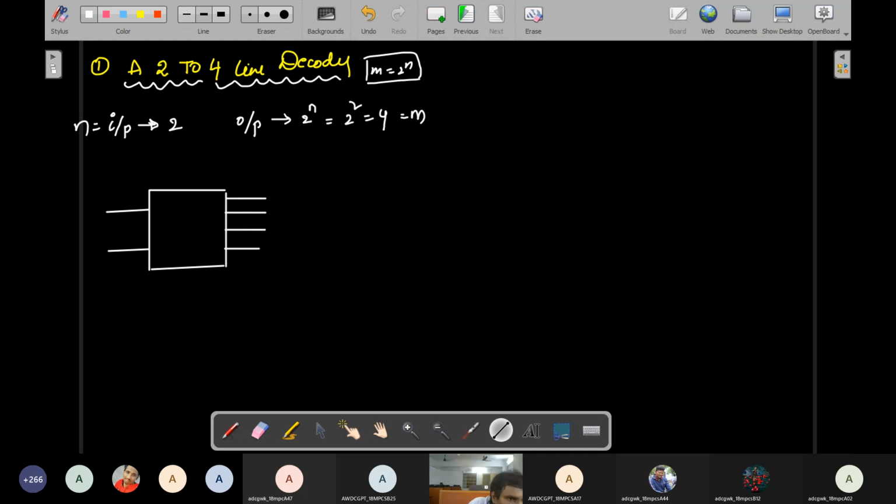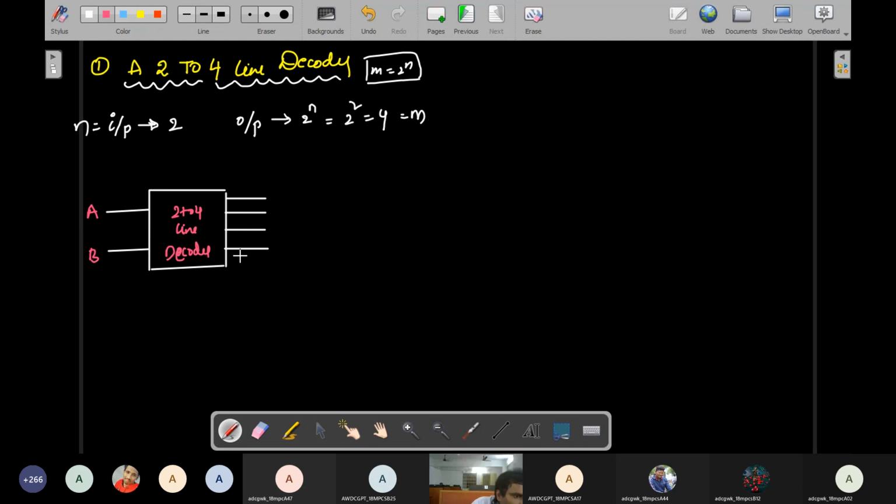Whatever inputs I consider, capital A and capital B are the inputs of this decoder. This decoder is a 2 to 4 line decoder.